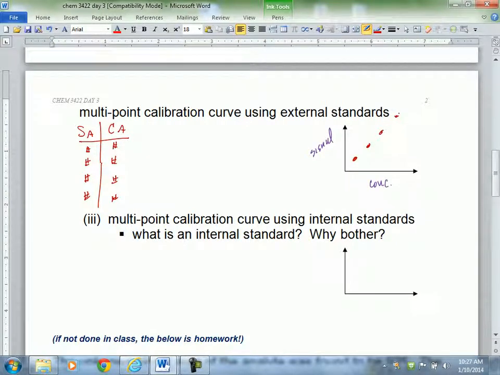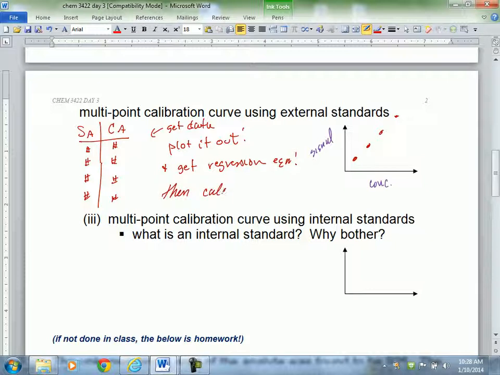We'll get the data, we'll plot it out, and get the regression equation, right? That's what you really need.